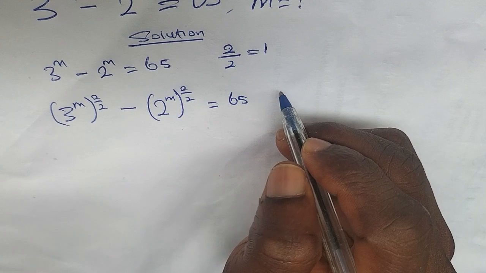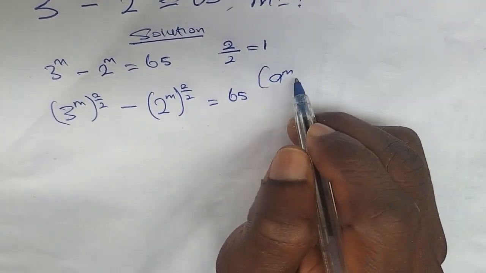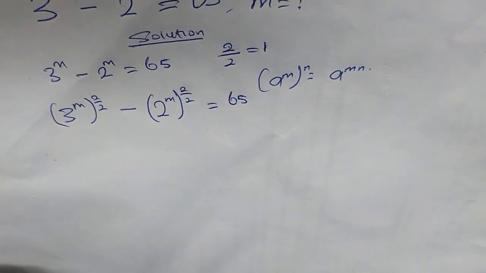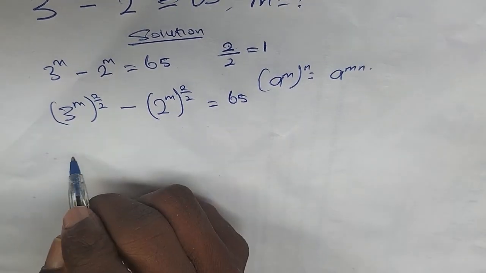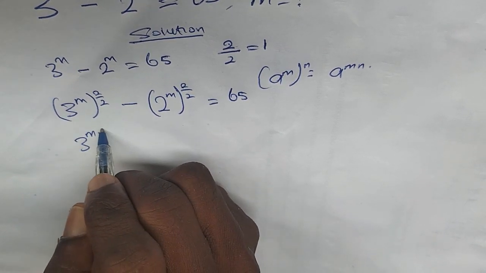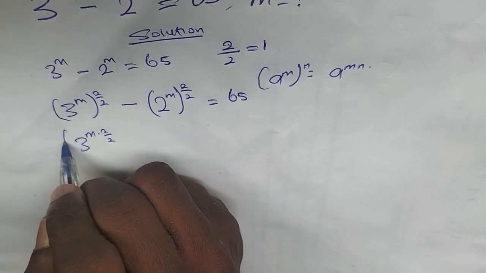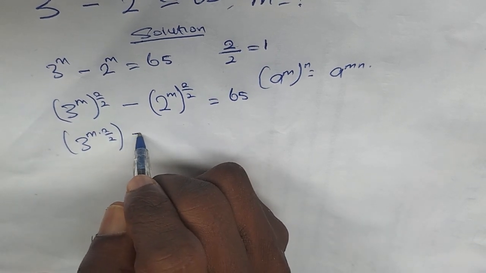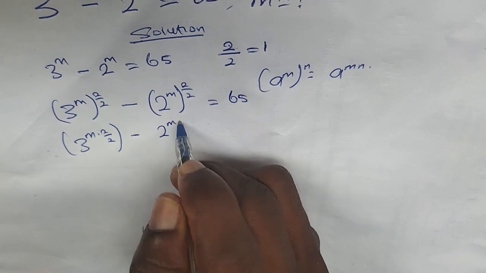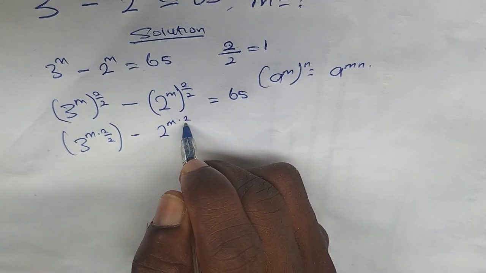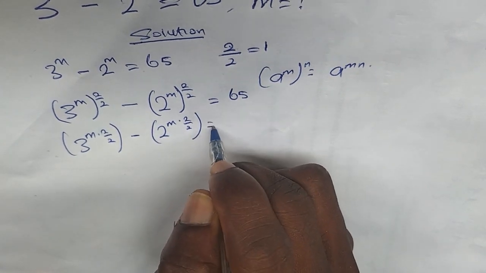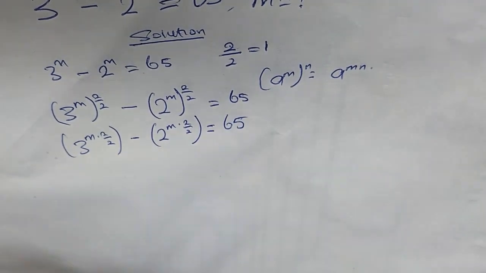Recall from your indices, if you are having a to the power of m, all to the power of n, it is also equal to a to the power of mn. If I apply this rule here, I'm going to have 3 to the power of m times 2 over 2, close the bracket, minus 2 to the power of m times 2 over 2, close the bracket, is equal to 65.